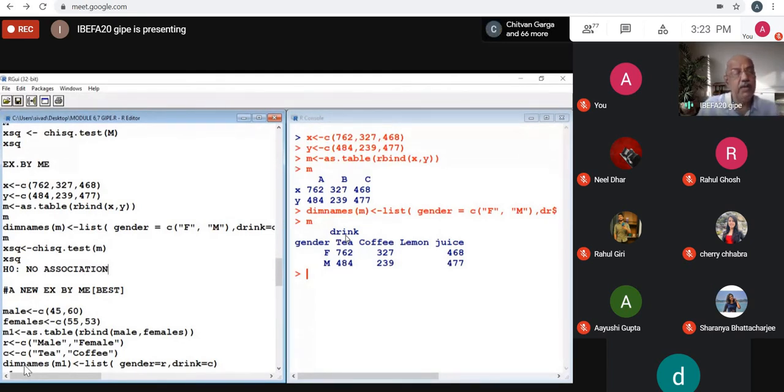That is H0, H1. There is association. That is what it is. Apply chi-square test.